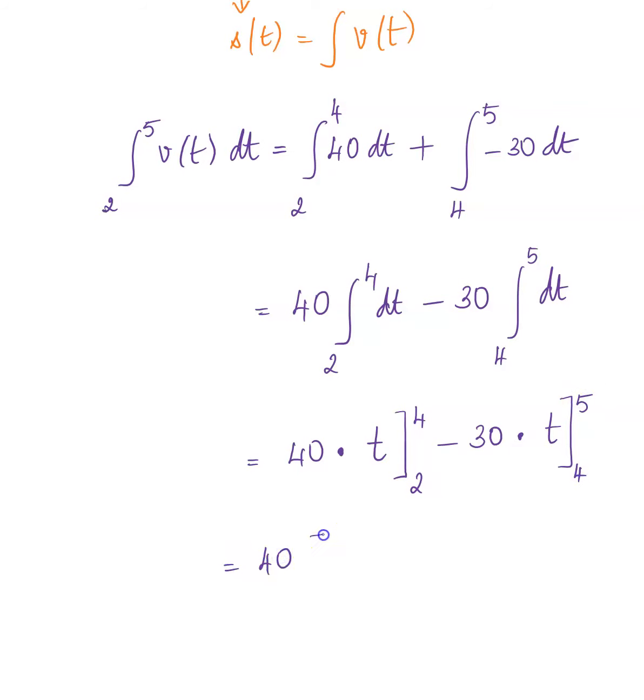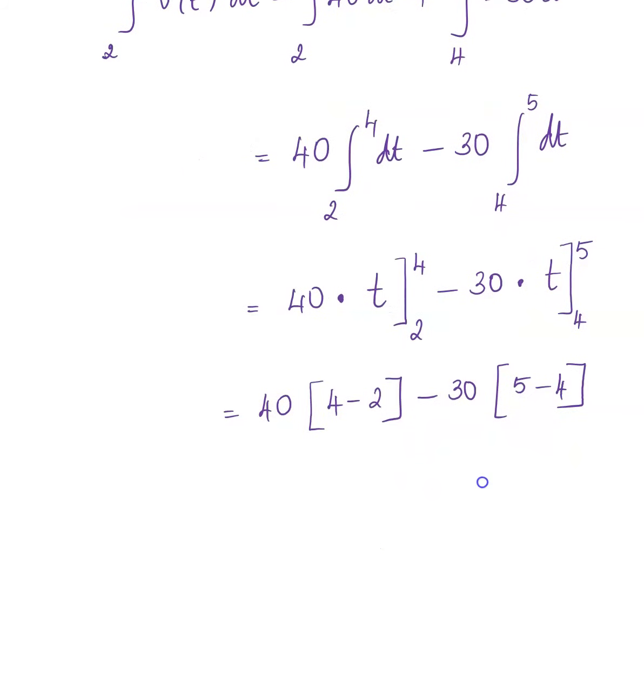So 40 times 4 minus 2, upper limit minus the lower limit. There's only a t, so it's easy substitution there. 5 minus 4. So this is going to be 40 times 2 minus 30 times 1. 80 minus 30, which is 50.